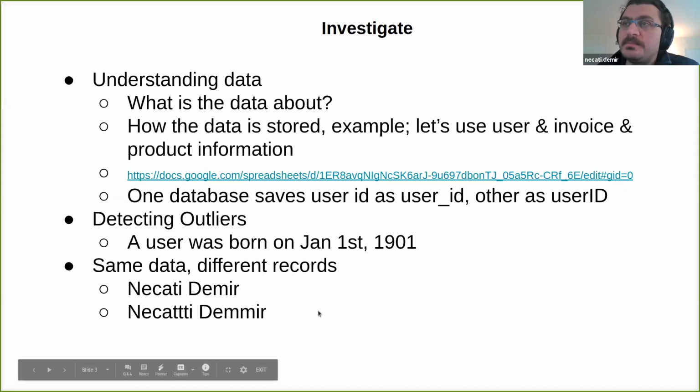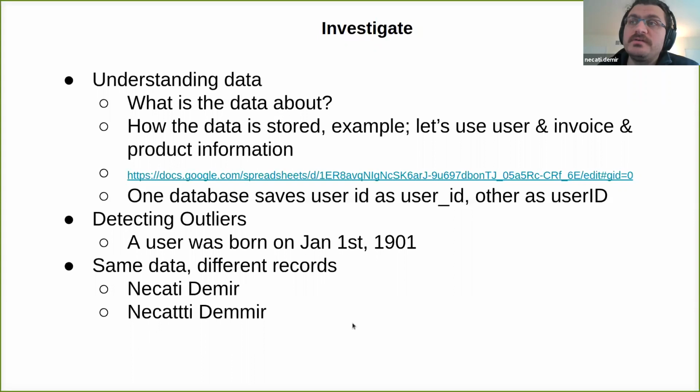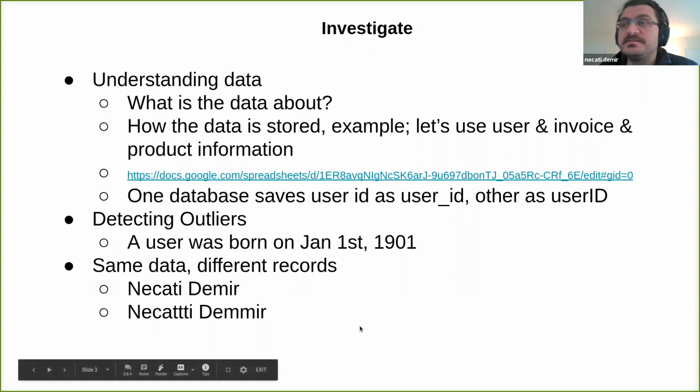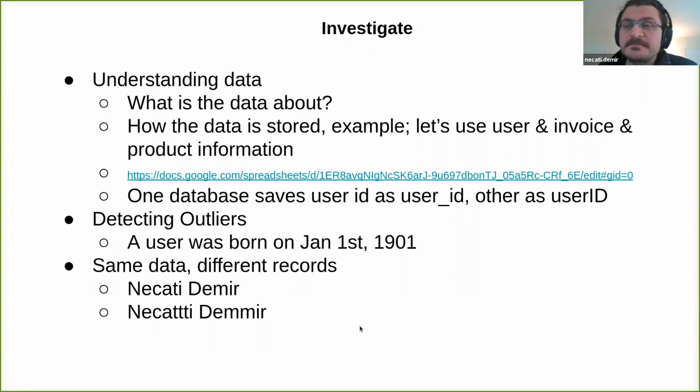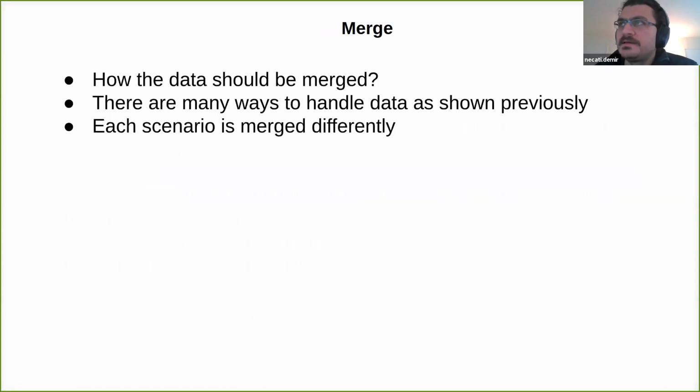Another issue is, we are generally dealing with IDs, but let's say I don't have an ID. Now you have another problem, like Necati Demir and Necati Demir. They entered information wrong in different tables. That's something that needs to be handled.